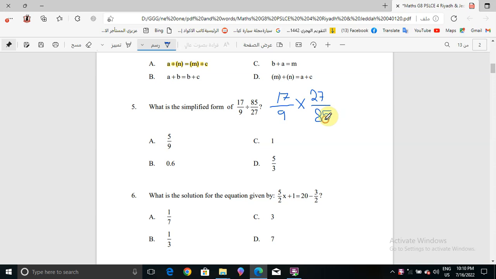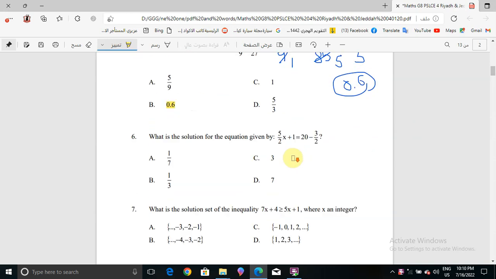Then cancel by 17 and 5, and cancel by 9 and 3. Then we have 3 over 5, which in decimal is 0.6. So choice B is the correct answer for question number 5, which is 0.6.